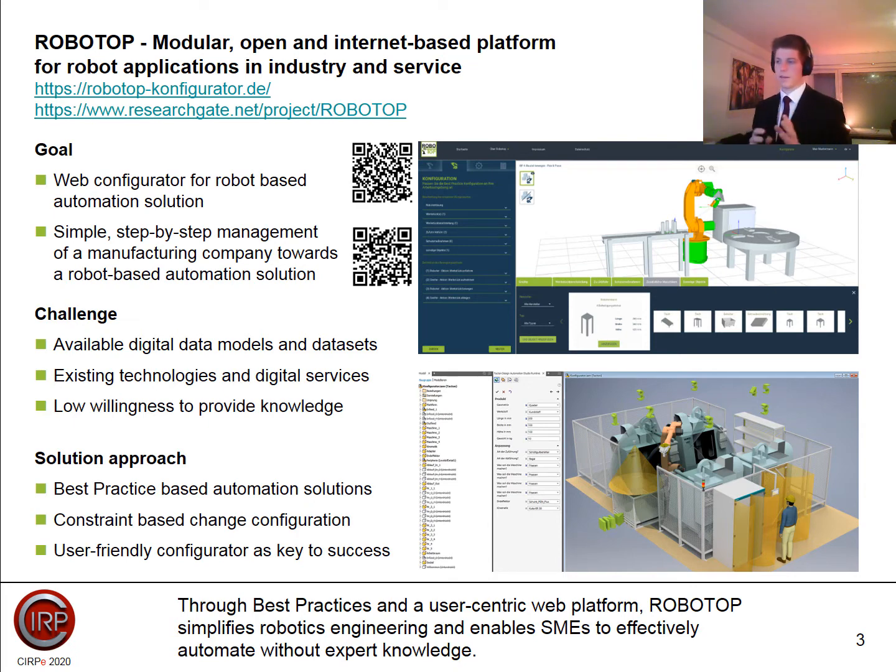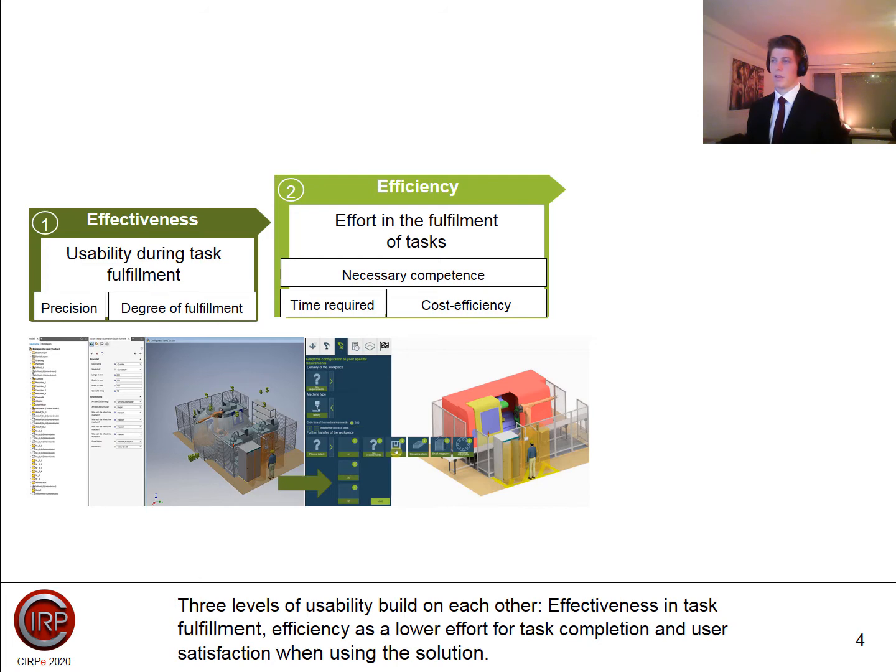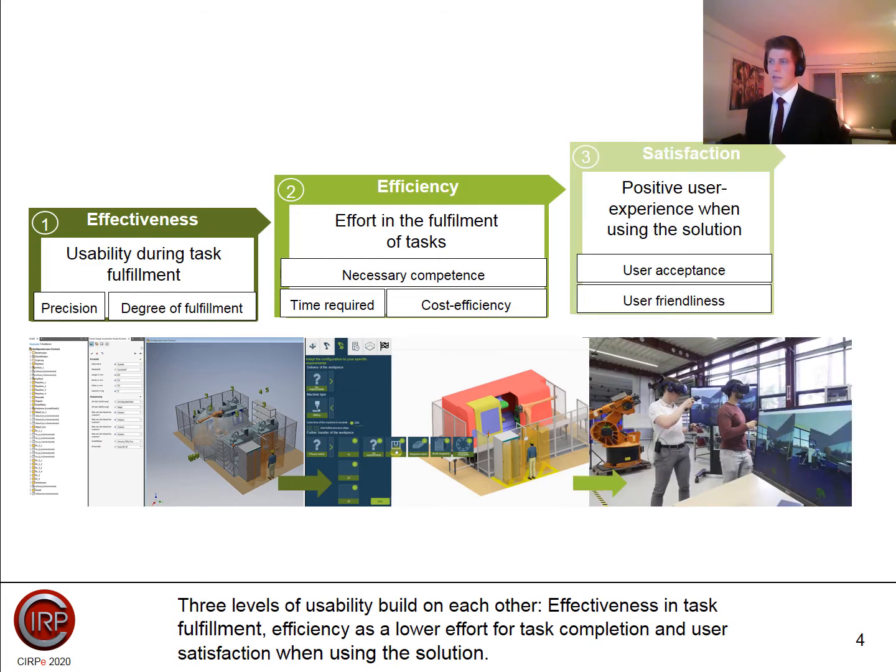But how does this fit together with the VR configuration? So when you see the 3 levels of usability, the first level is effectiveness, the second level is efficiency, and the third level is satisfaction. And as you see, efficiency is based on our user-centered approaches, and satisfaction is reached with VR.